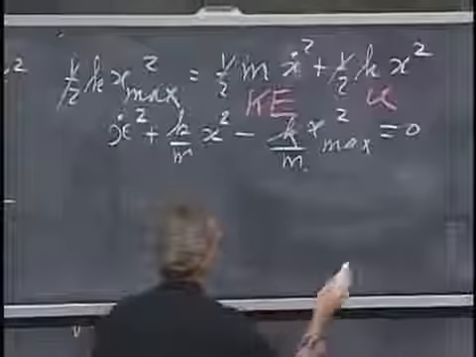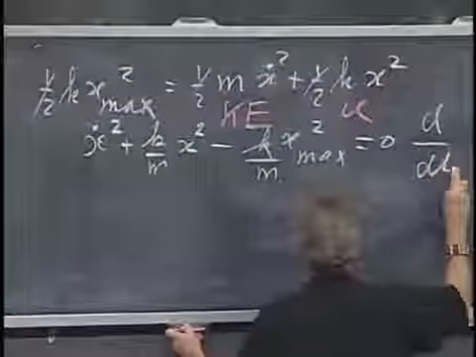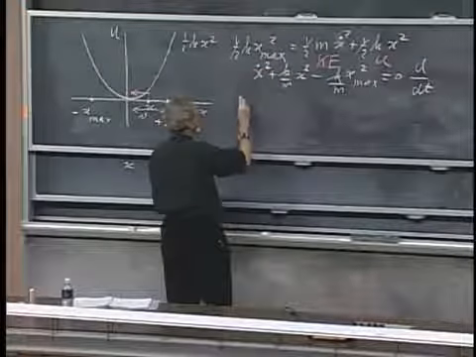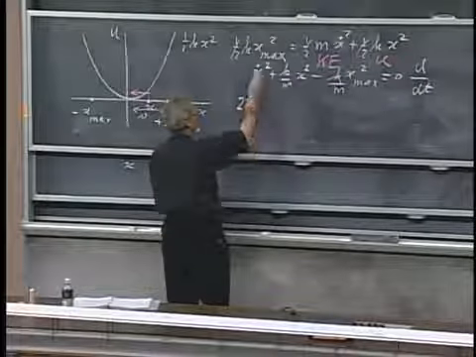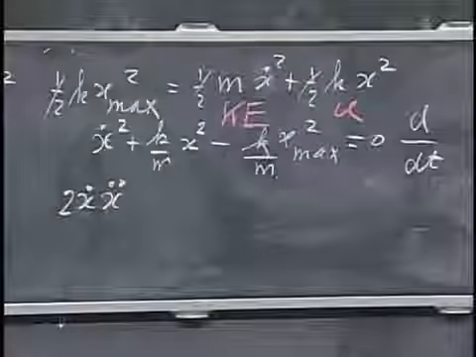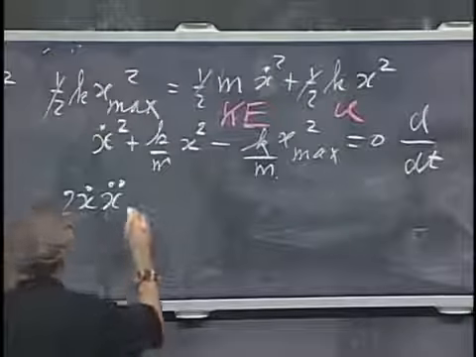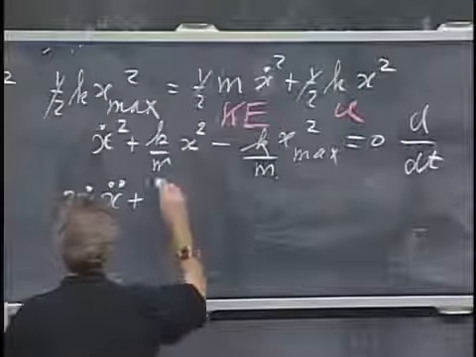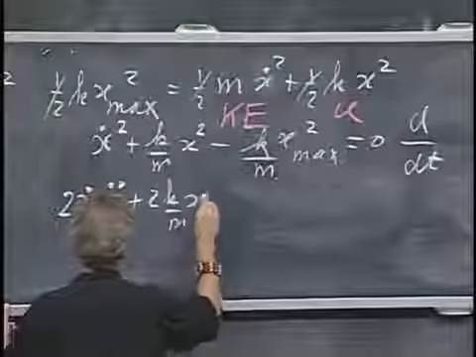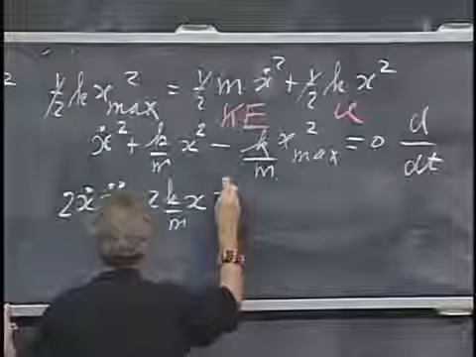Now I'm going to take the time derivative of this equation, and you'll see something remarkable falling in place, just for free. I take the derivative versus time. That gives me a 2x dot, but I have to apply the chain rule, so I also get x double dot, the second derivative, the acceleration, plus a 2k over m times x, but the chain rule gives me an x dot.